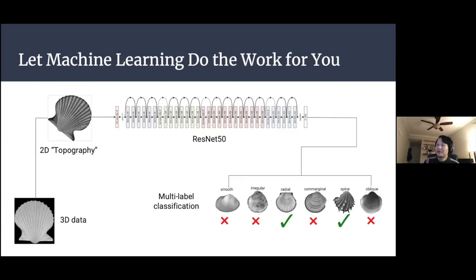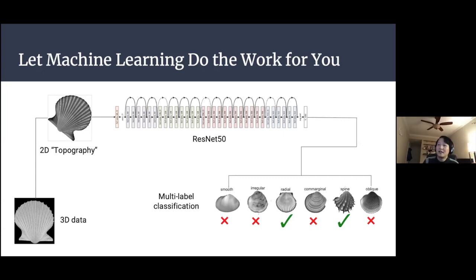This is where machine learning is going to enter the picture and help us resolve this need to build an end-to-end classification pipeline. Starting from 3D data, we first generate 2D topographic images by choosing a canonical projection direction and extracting pixel values which reflect the periodic oscillation patterns of the sculpture.